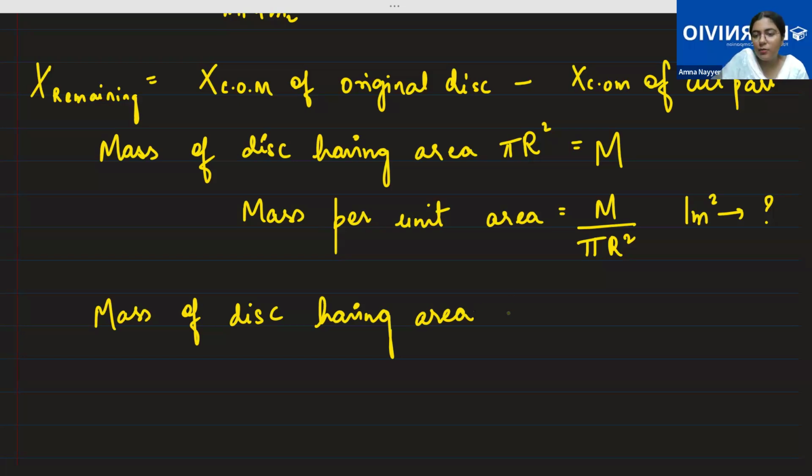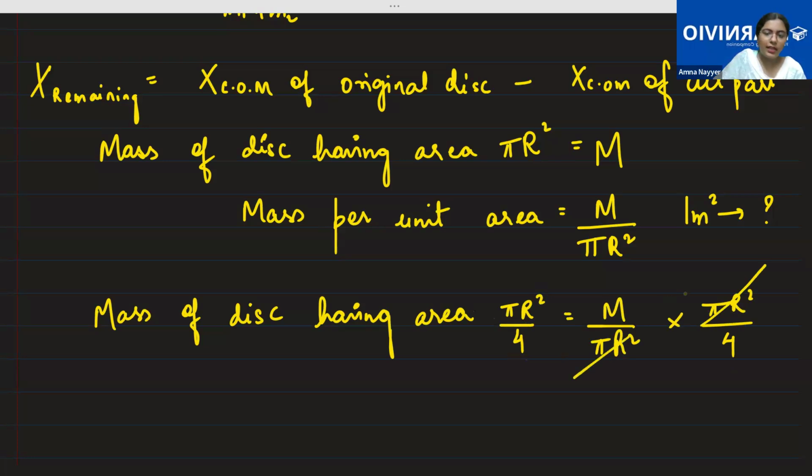So its area will be pi r square by 4, right? Mass of disk having area pi r square by 4 will be m by pi r square into pi r square by 4. So pi r square gets cancelled and the mass is m by 4. Now you have the mass.